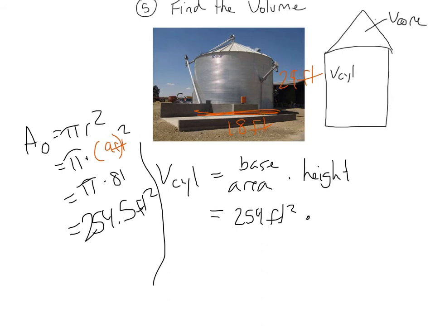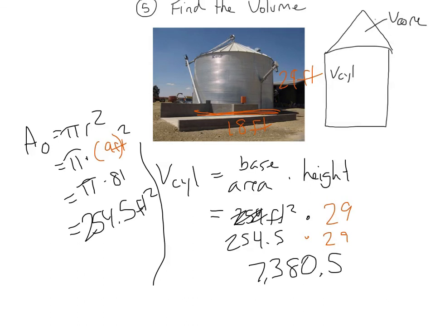Well, the height was what? 29. Well, that's easy. So 254.5 times 29 will get you 7,380.5.